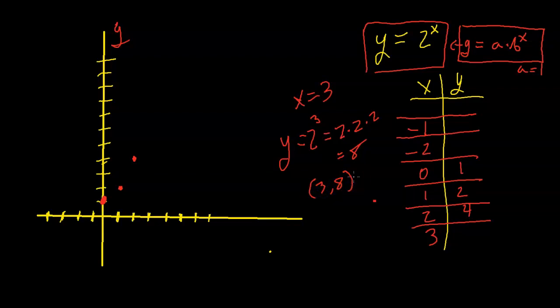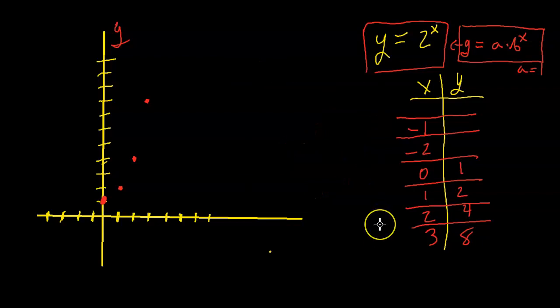So y equals 8, right? So let's find the value 3 on our x-axis, and let's try to find the value 8. Okay, 1, 2, 3, 4, 5, 6, 7, 8. Somewhere like right here, right around there. 3, comma 8, all right? So now let's look at the negative numbers. And also, first of all, let's just look at what's going on with the right-hand side of our function.